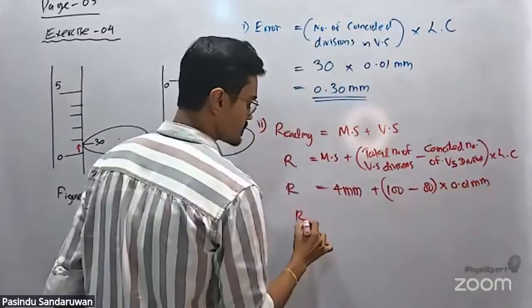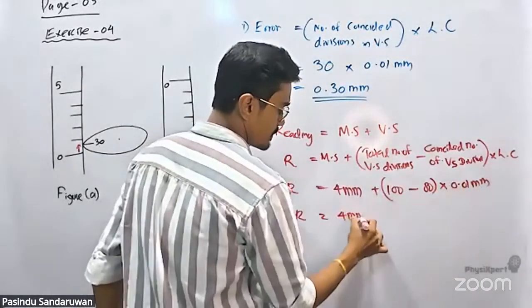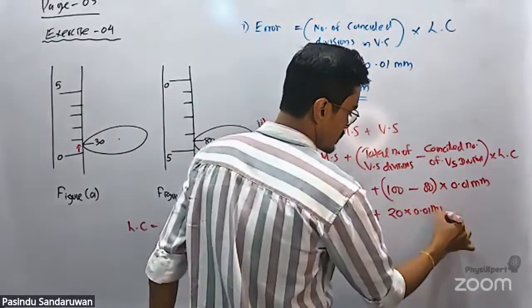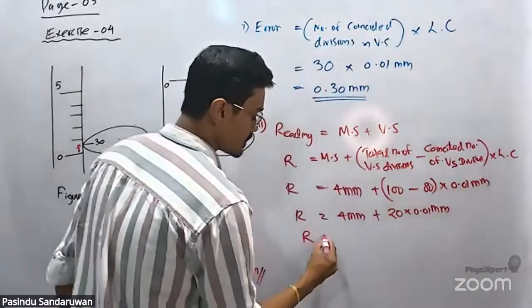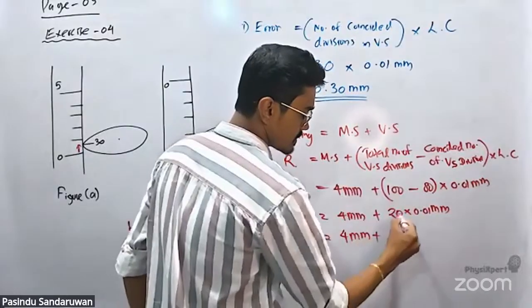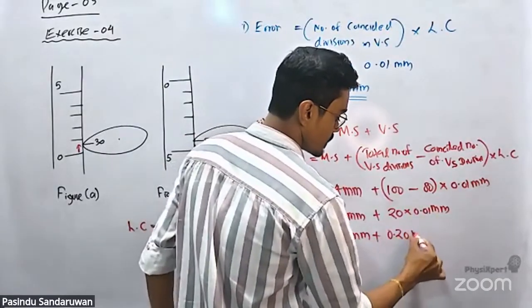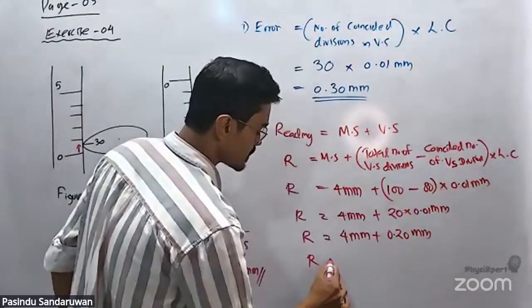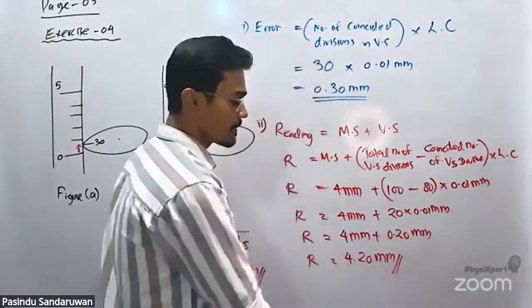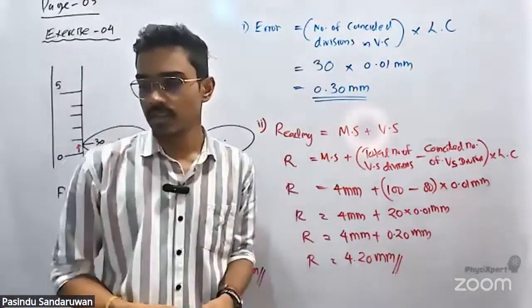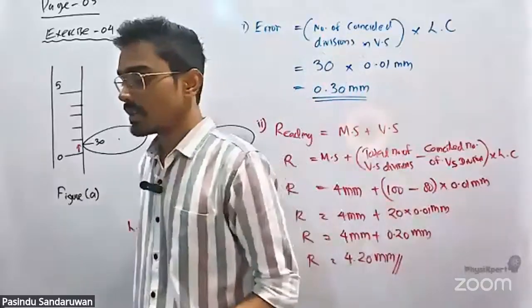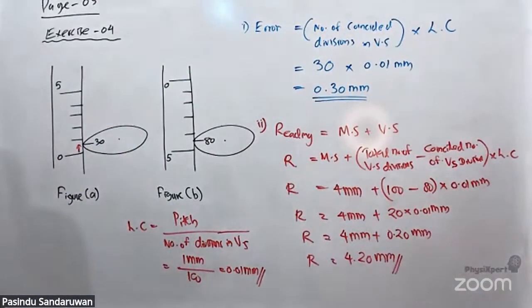Simplify this: R equals 4 millimeters plus 20 times 0.01 millimeters, which is 0.20 millimeters. It means R equals 4.20 millimeters, the apparent reading. Most of your answers are correct. Good. Take it down if there's anyone who didn't try that part.